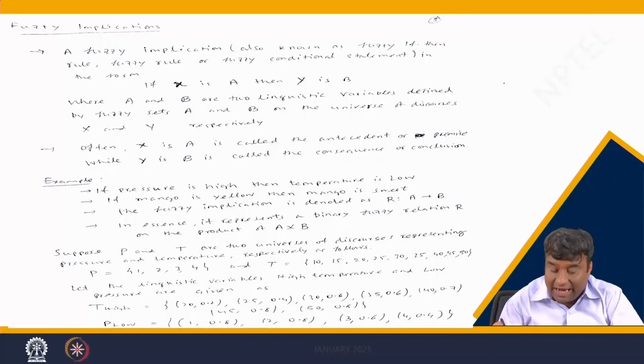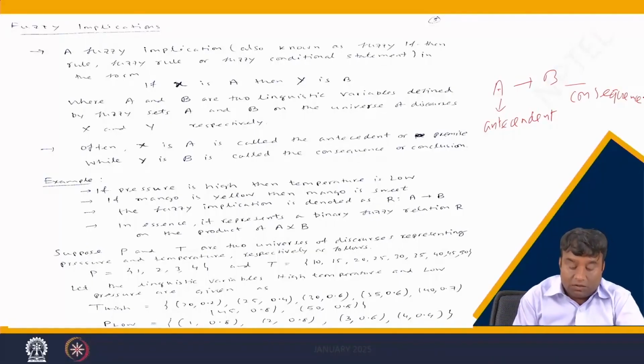So if I write, if X is A, then Y is B, A is known as the antecedent and B is known as the consequence.